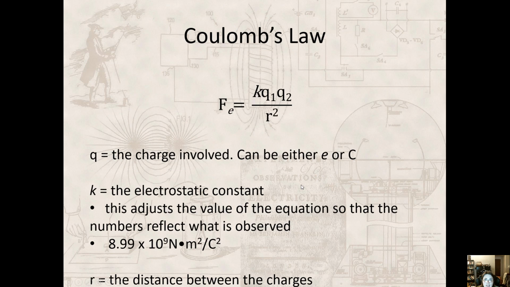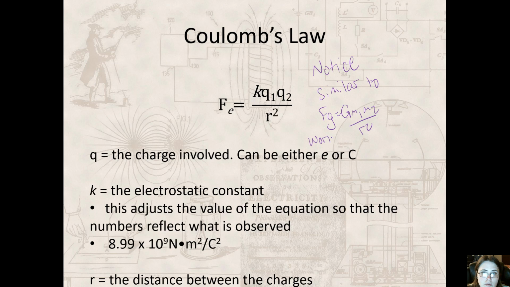Okay, so then this is Coulomb's law. If you notice, it looks very similar to an equation you've already had. It's similar to the force due to gravity is equal to big G m1 m2 divided by r squared. So you can see the similarities here. It works the same way as far as the algebra goes, and in the calculator.